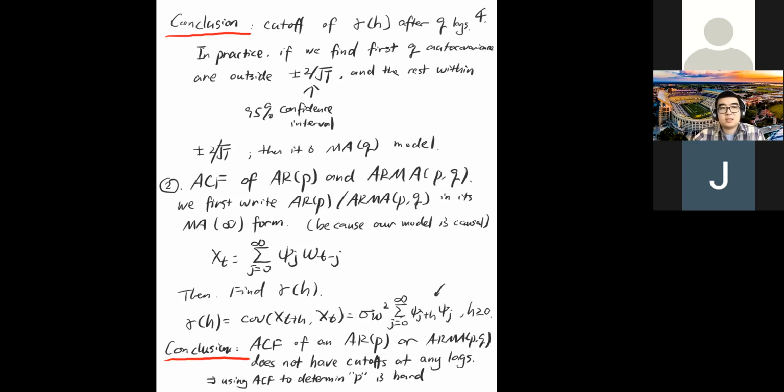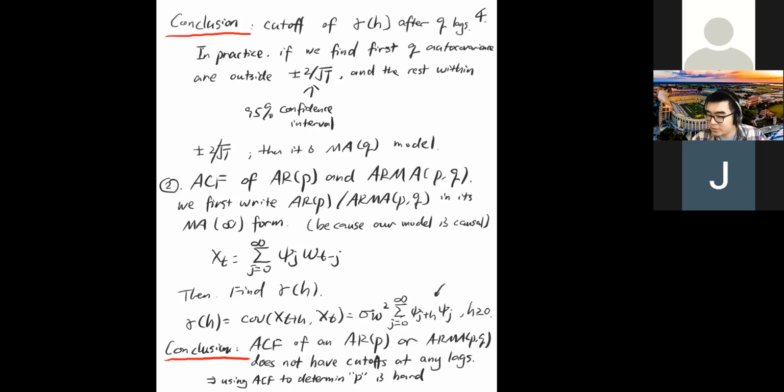So remember that the requirement on the psi is that the sum of the squares of the psi is less than infinity. So in order for that requirement to be true, the larger the index, the more the psi would converge to 0 as its index increases.